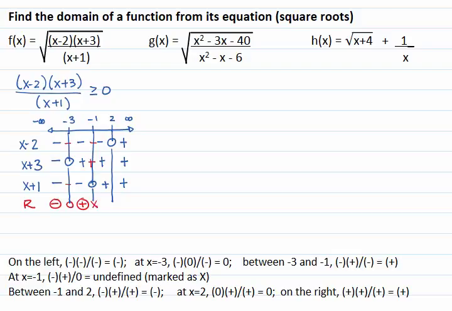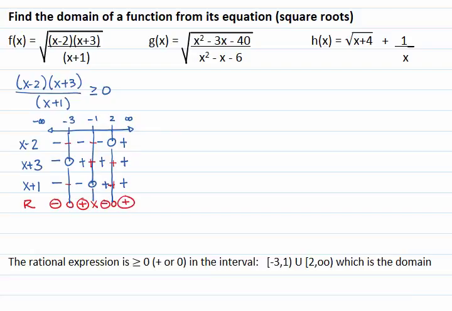Between negative 1 and 2, negative times a positive divided by a positive is a negative. At x equal to 2, 0 times a positive divided by a positive is 0, and on the right it is a positive.